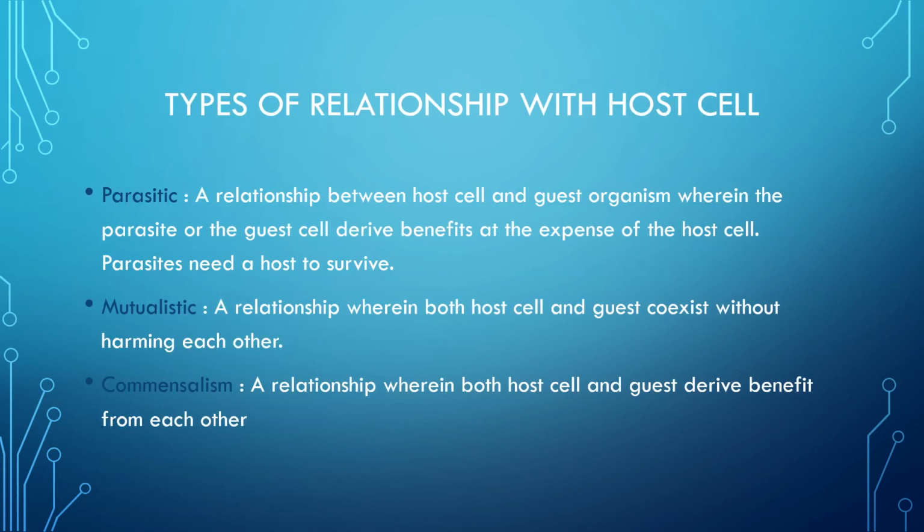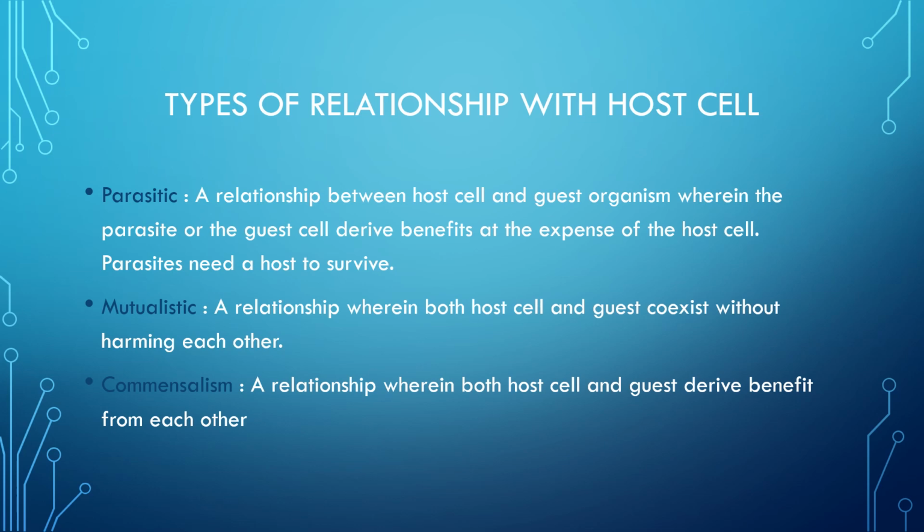The next types of relationship are with the host cell. The first one is parasitic, a relationship between host cell and guest organism wherein the parasite, or the guest, derives benefits at the expense of the host cell. Parasites need a host to survive.